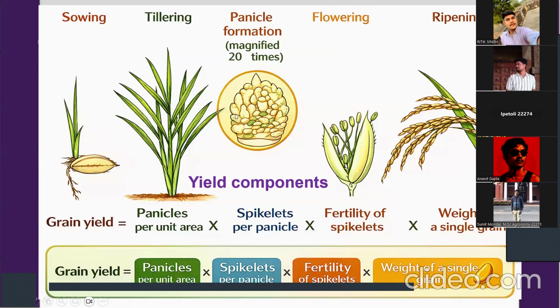Panicle formation decides how many spikelets will be formed, but the flowering stage will decide the fertility. Here also there should not be any abiotic stress, for example, temperature that is too high or too low. I discussed yesterday low temperature damage in the nursery also.